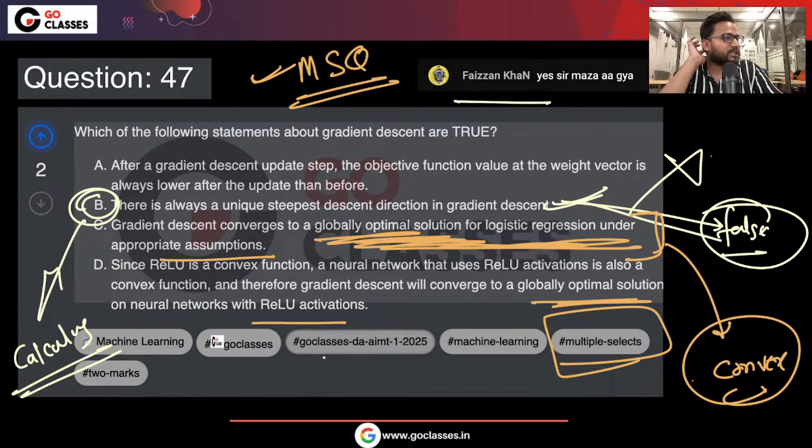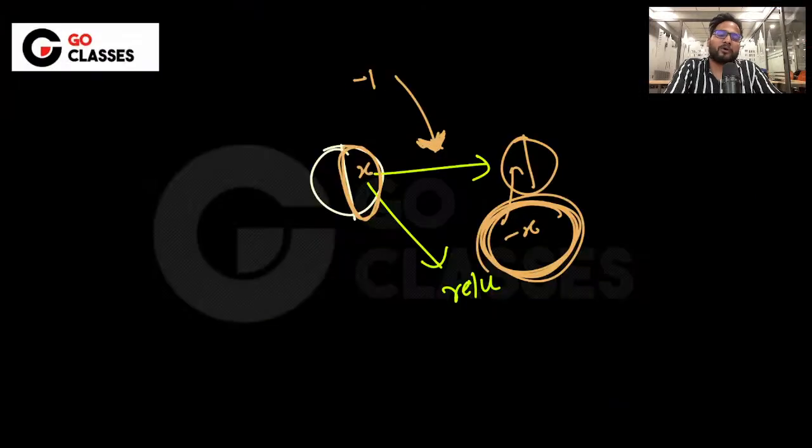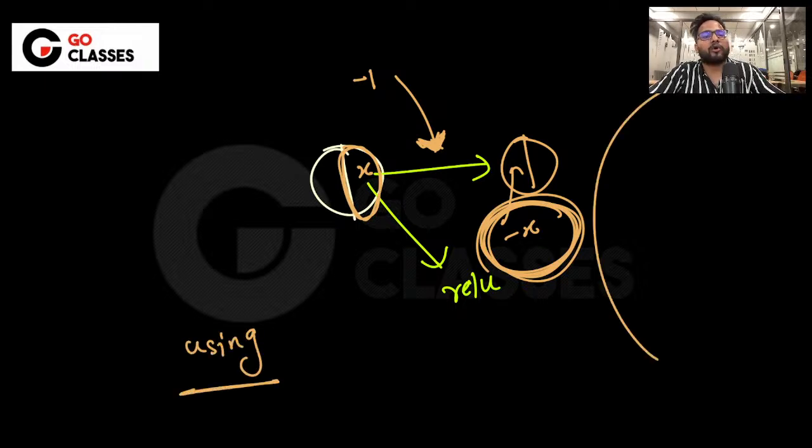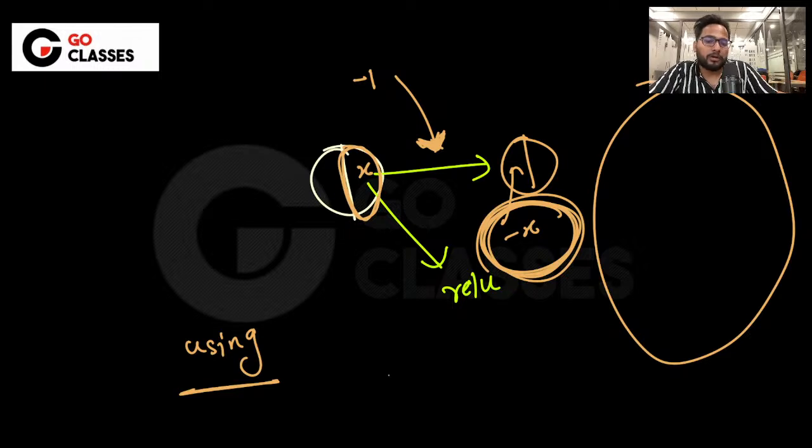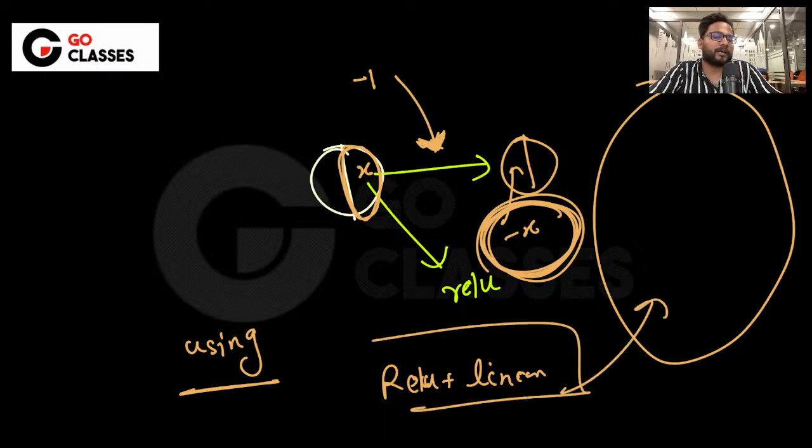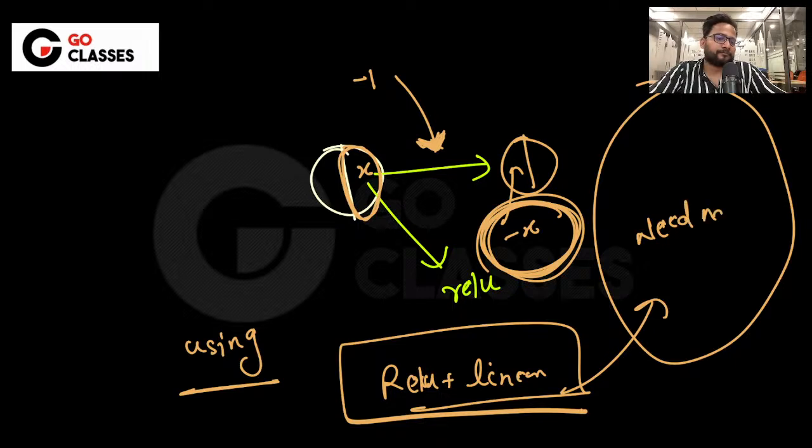Otherwise all neural networks would have convex functions. Just using ReLU in the neural network doesn't necessarily mean you will finally get a convex function, because ReLU plus linear functions gives a very complicated final function. The final function need not be convex. That is why this is false.